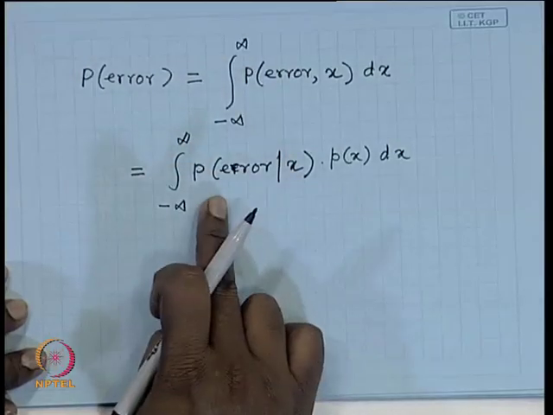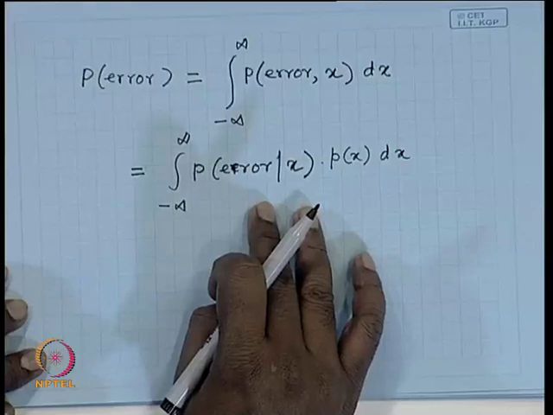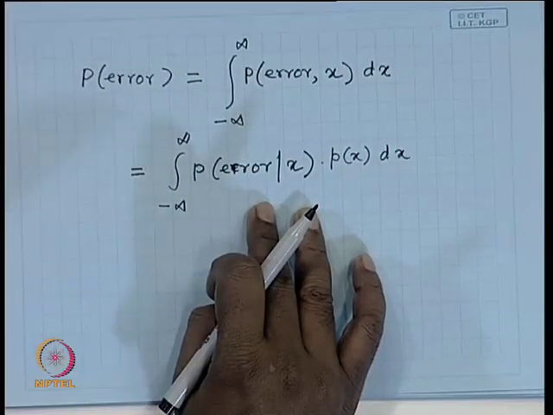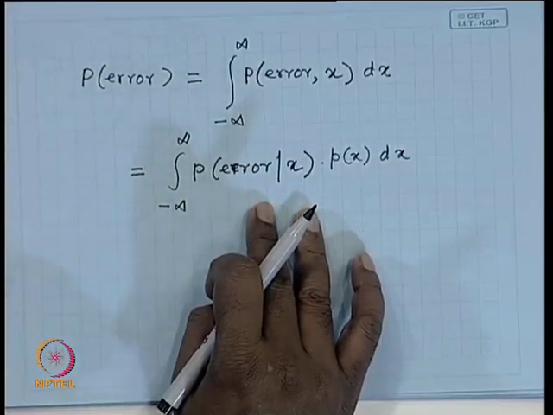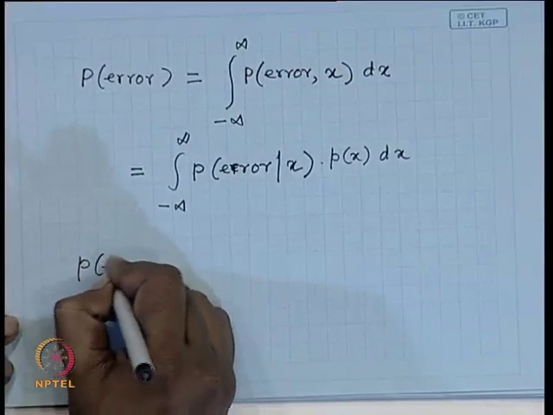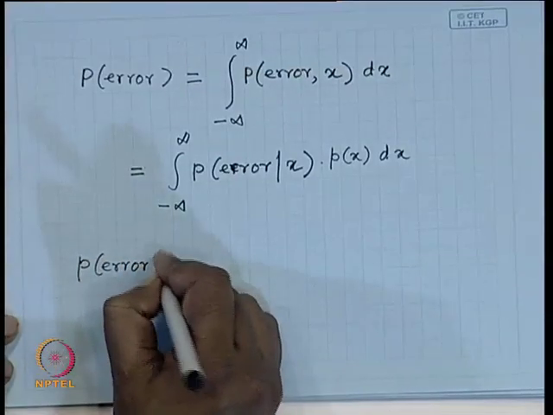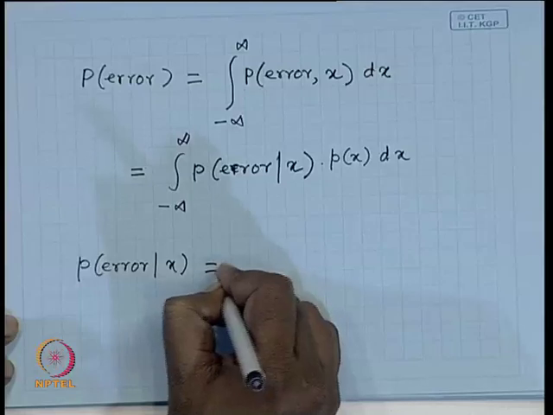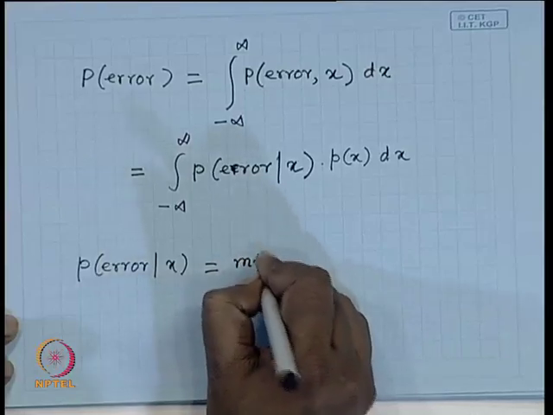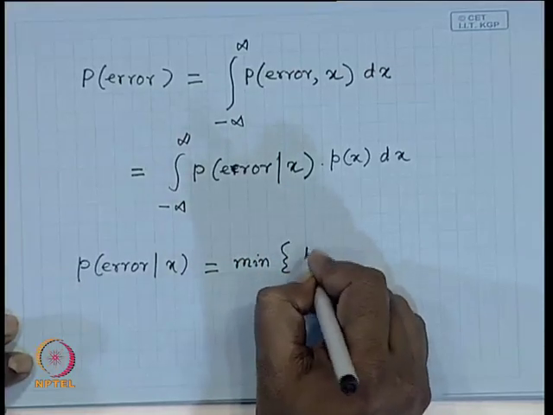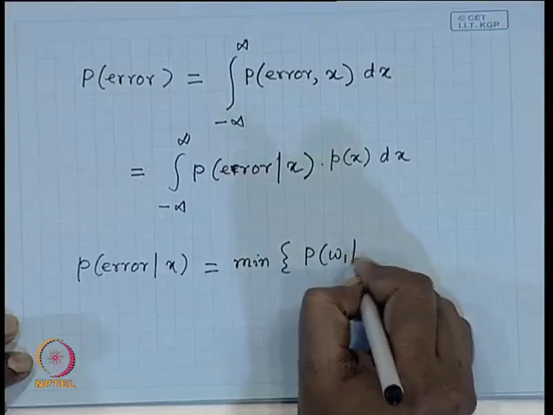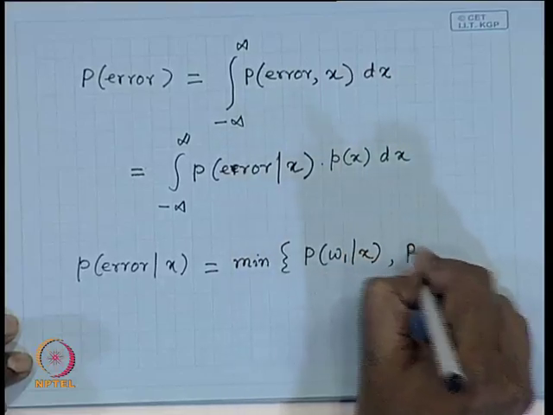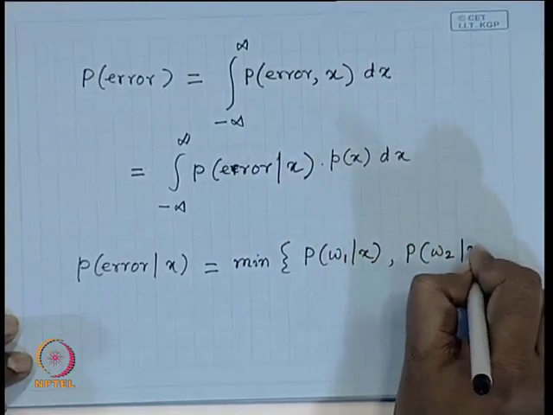Okay. And what is this P error given x? If I decide in favor of omega 1, this is P of omega 2 given x. If I decide in favor of omega 2, it is P of omega 1 given x. So, this P of error given x is nothing but the minimum of P of omega 1 given x and P of omega 2 given x.